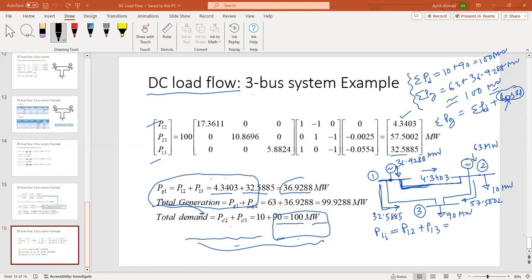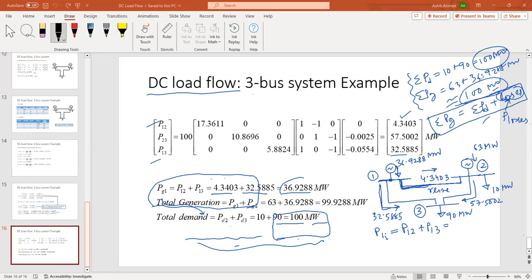And at the same time, we know that in the DC load flow problem, there are no P losses, because the line resistances are ignored, neglected compared to the X lines. So the equality constraint will become summation of PG equal to summation of P demand, which is approximately satisfied here.